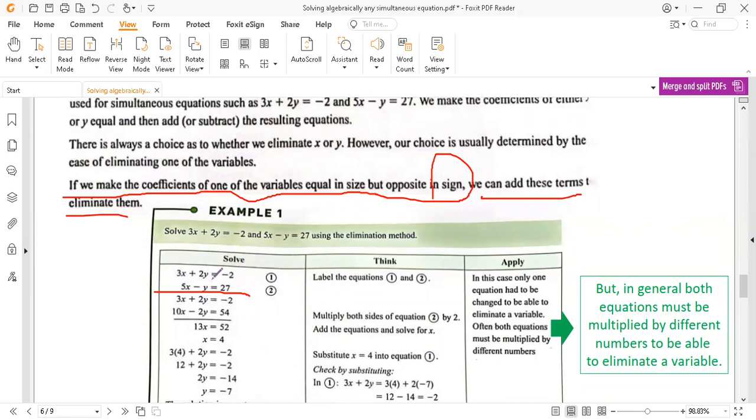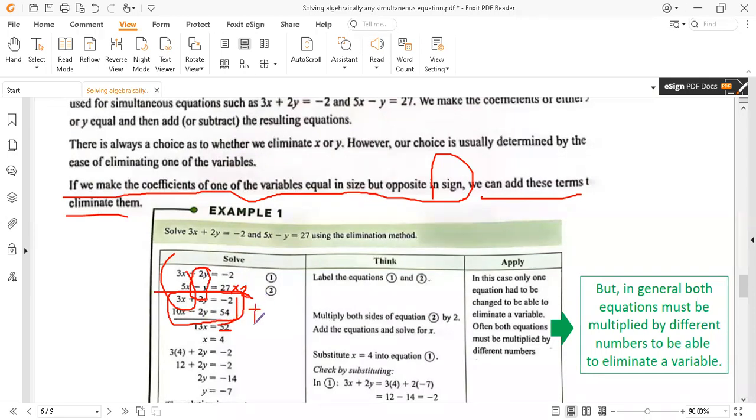We choose y because it is easier than x to get the same coefficient. If we multiply the second equation by 2, we obtain 10x minus 2y equal to 54. The first equation remains the same, and the second equation becomes 10x minus 2y equal to 54.